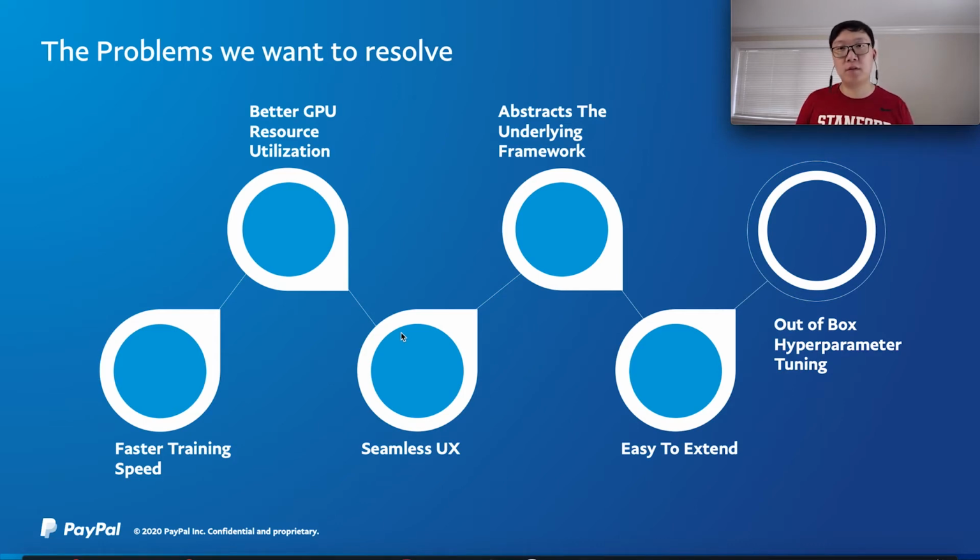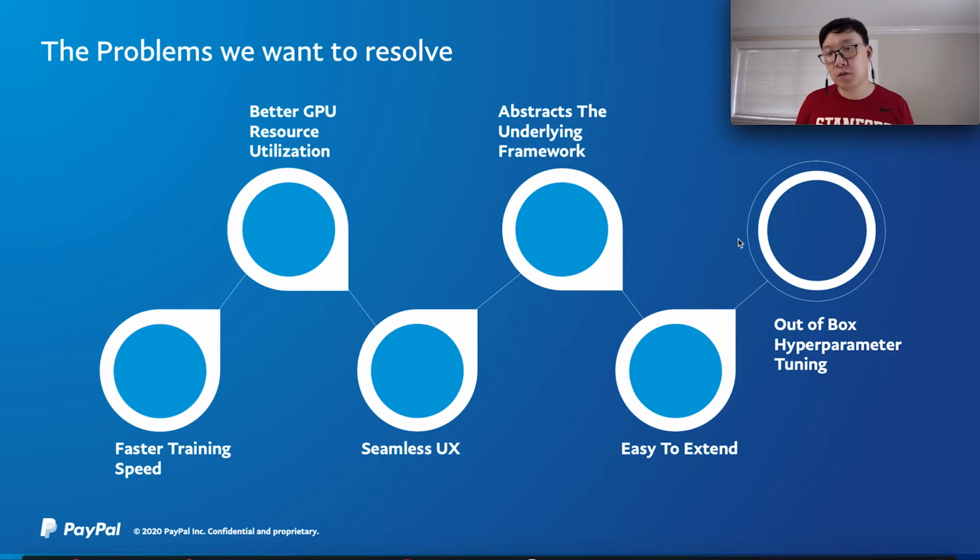So when the user runs distributed training on his model, it should be as easy as running normal training notebooks. And also we want to abstract the underlying frameworks so that it will be easy to extend to other new frameworks. It also makes migration easy if we want to migrate to a new deployment environment.